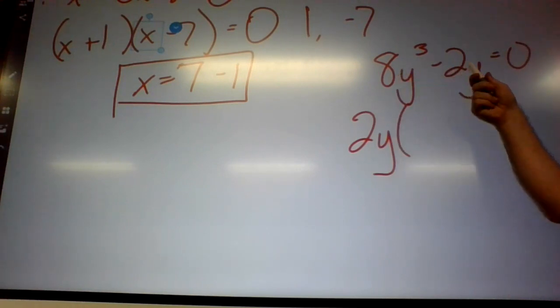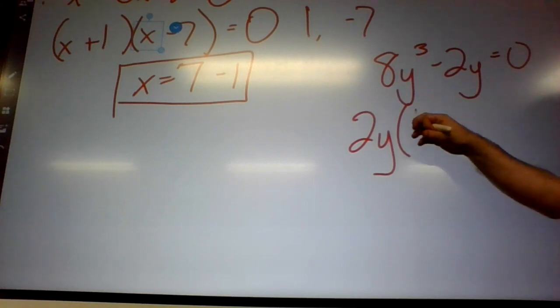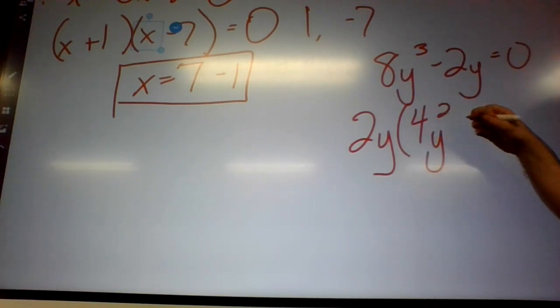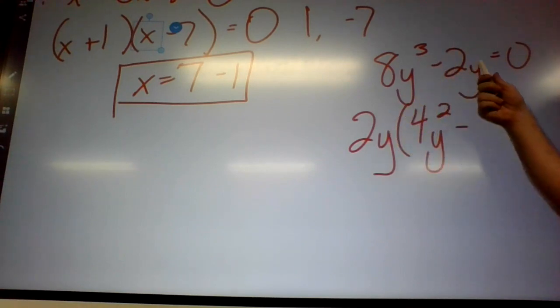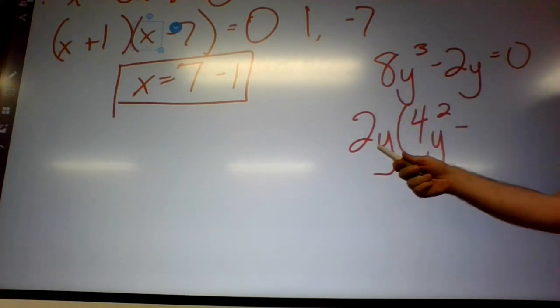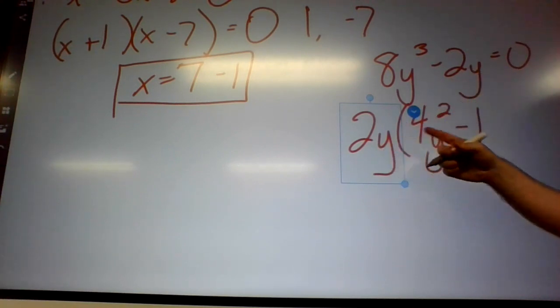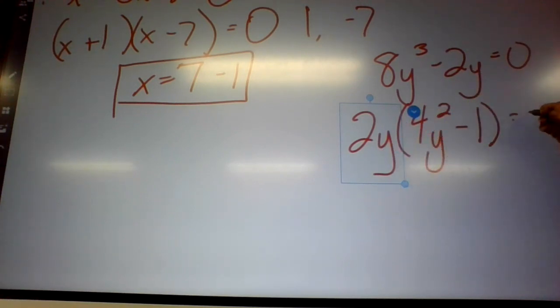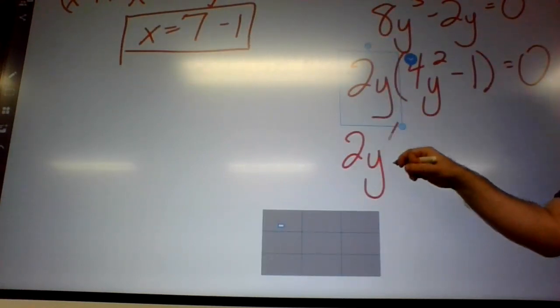What's left if I divide these by a 2y? 4y squared, I'm sorry, it's my minus. What's 2y divided by 2y? It's just 1. Okay, so what's left in parentheses?